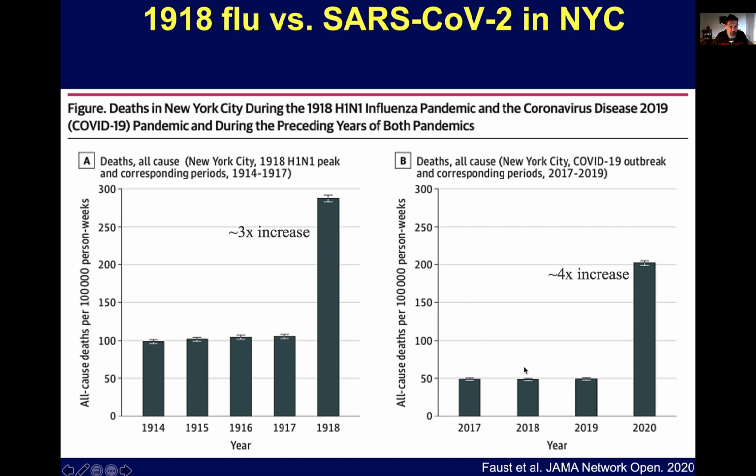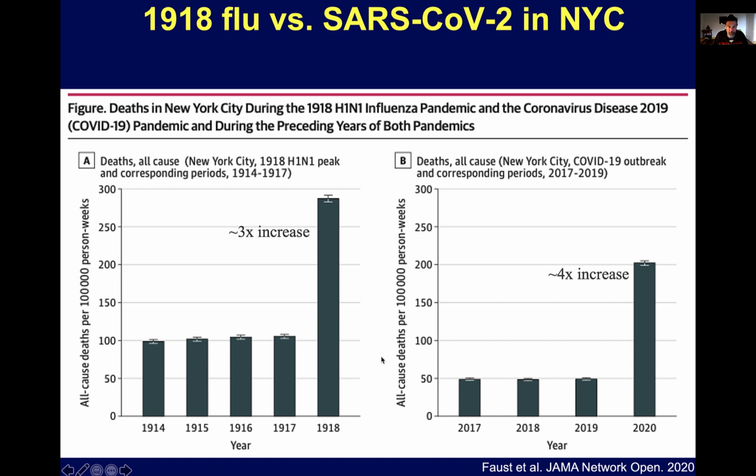And comparing that to what we're seeing with SARS-CoV-2, with about 50 deaths per 100,000 over time, an increase to about 200, which is a fourfold increase.